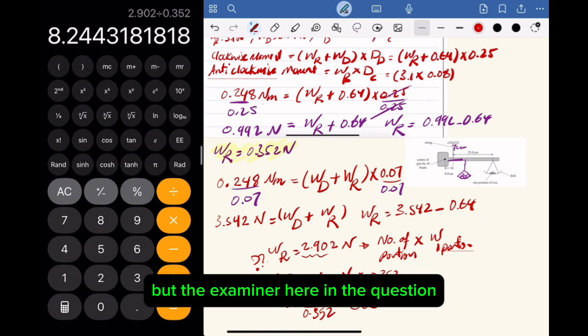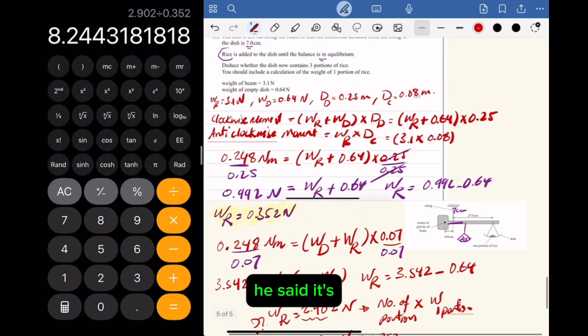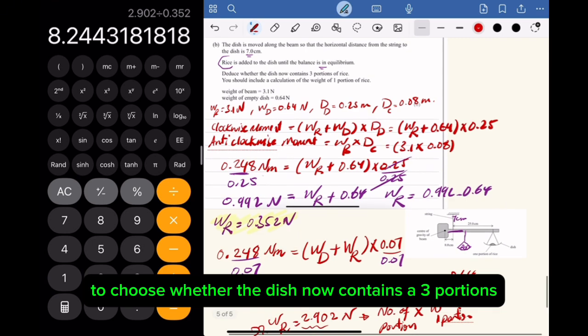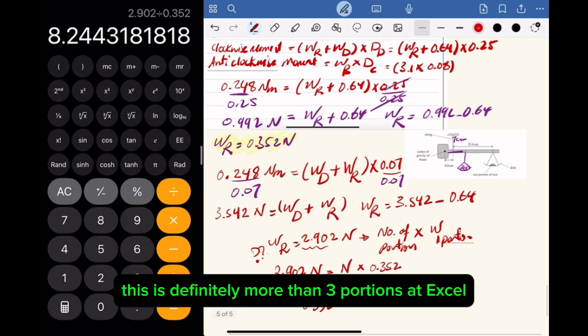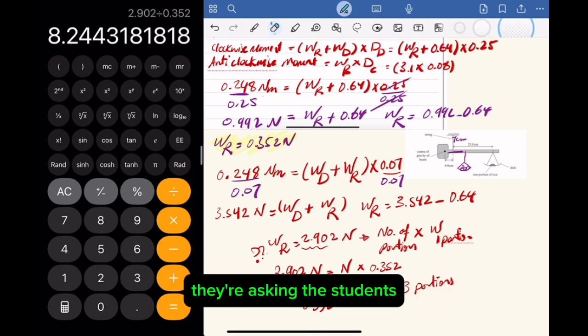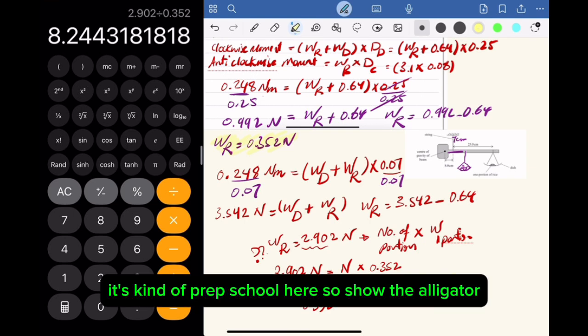But the examiner in the question asks us to decide whether the dish now contains three portions. I would say no, this is definitely more than three portions. Edexcel are asking the students to show this sign, it's kind of a prep school here.